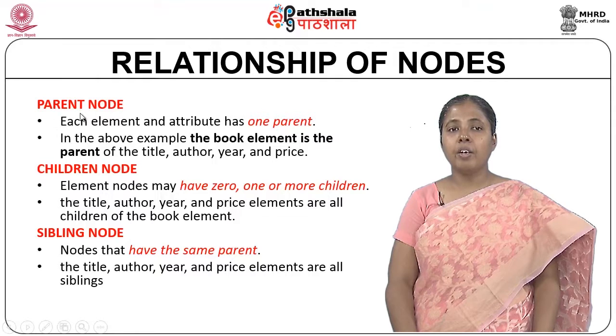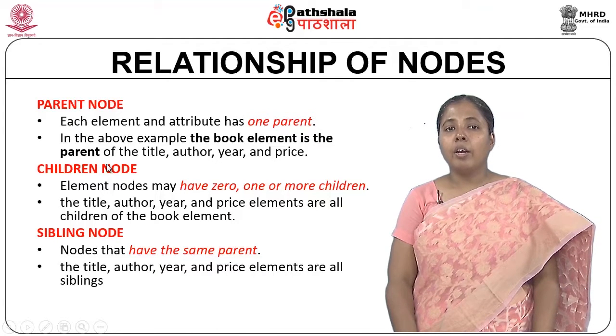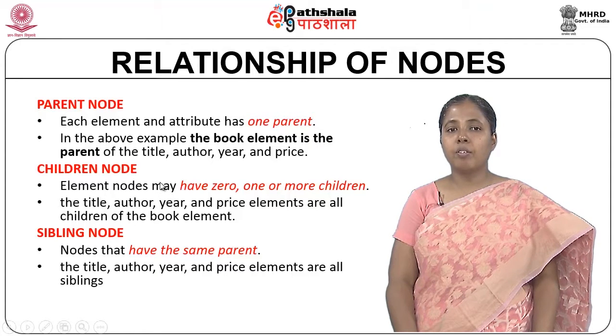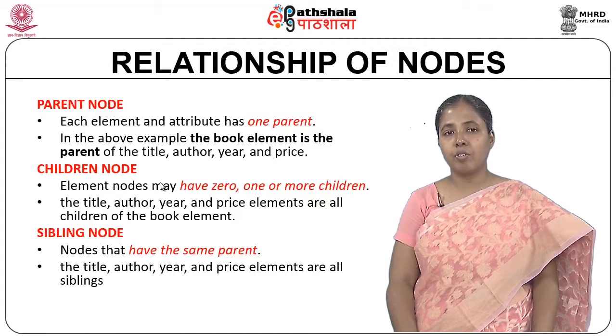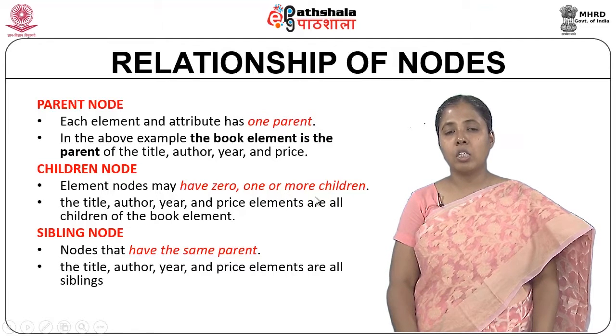Now, how the structural relationship is maintained between the nodes is given here. We say that any node has a parent node, whether an element or an attribute, and each element and attribute has only one direct parent. In the above example, the book element is the parent of the title, author, year and price. The children are the nodes of an element that may have 0, 1 or more children.